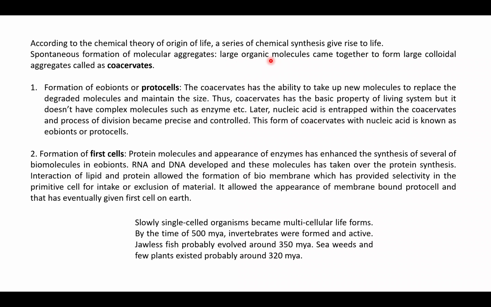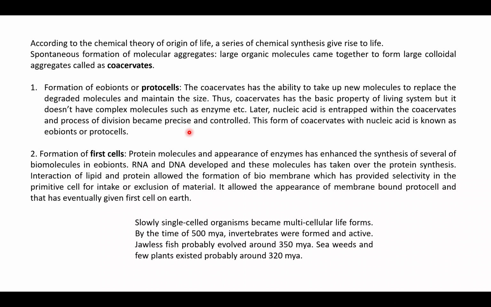Once we had a large organic molecule, it came together and formed a colloidal aggregate, which people call coacervates. From these coacervates, the actual origin of life started with the formation of the first protocells and then the first cells.